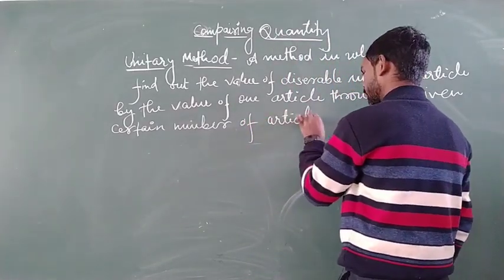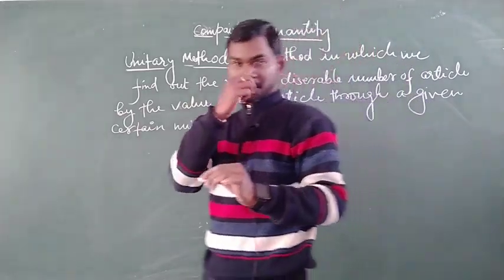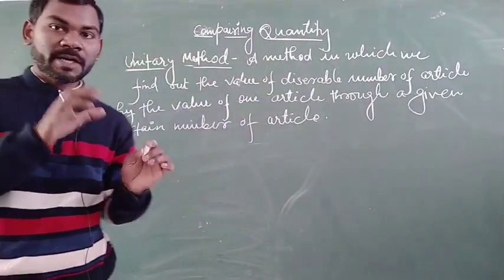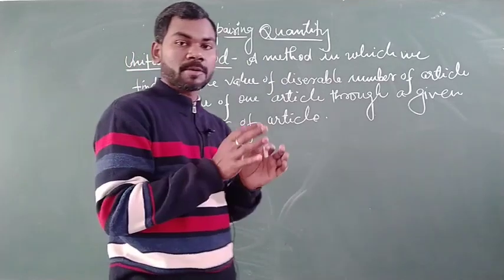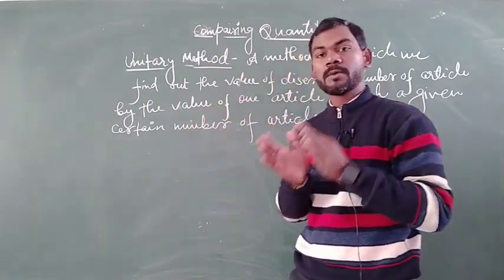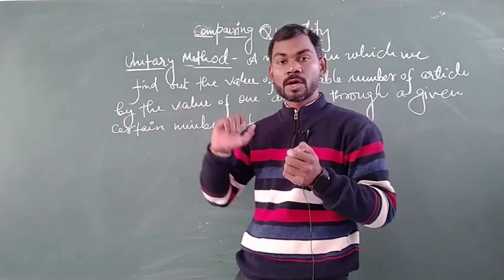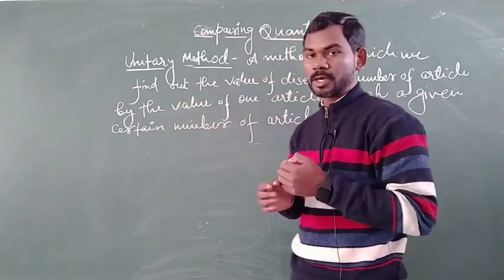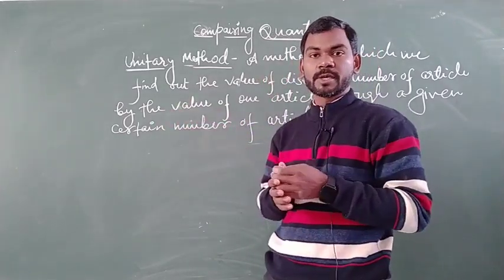So this is the definition of the unitary method. In this method we find out the value of a desirable number of articles by the value of a unit article from a given certain number of articles. So this is the unitary method.